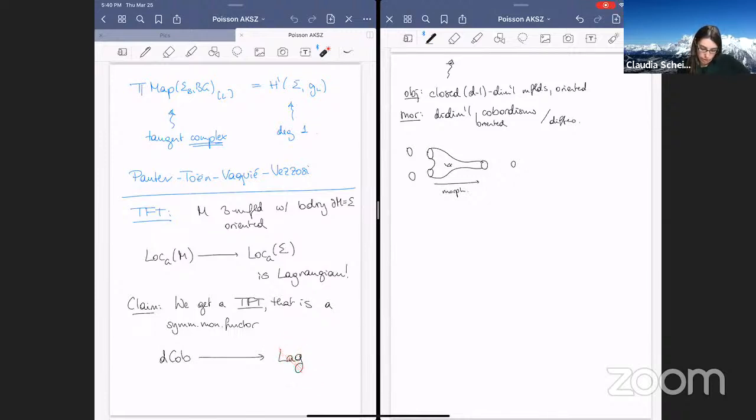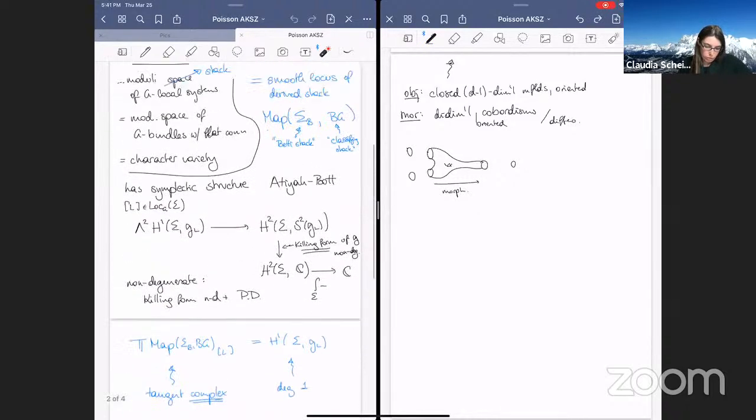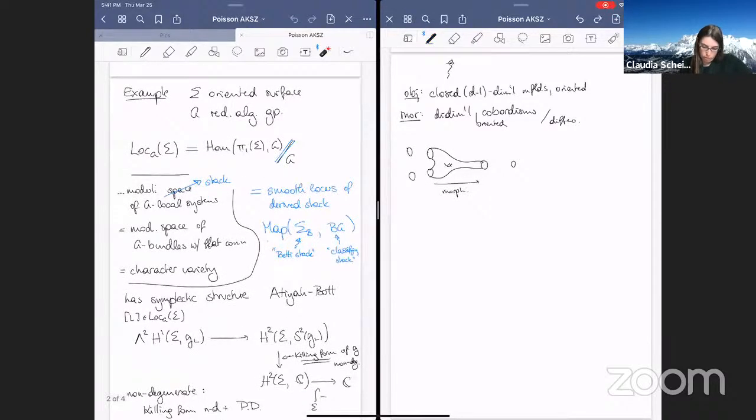So in our situation, if d is 3, then to a closed 2-dimensional manifold, I should assign something on the right. And so what would that be? If you look back at what we had, we got something symplectic.